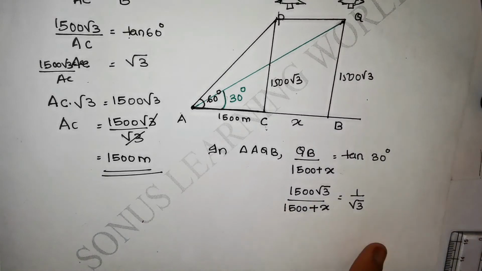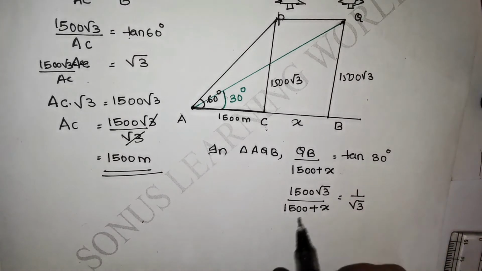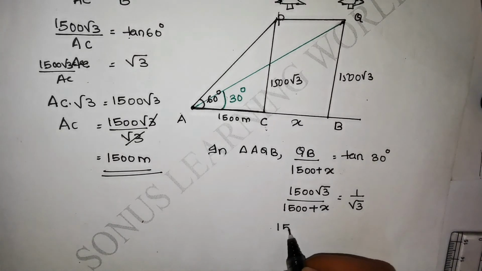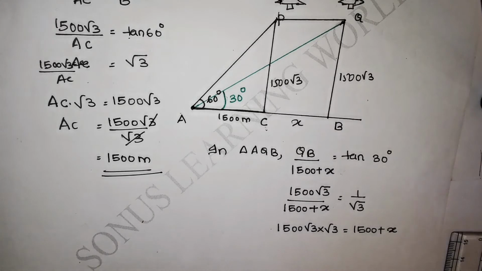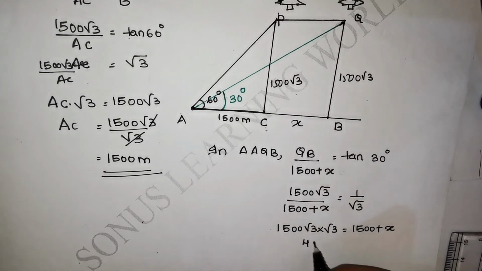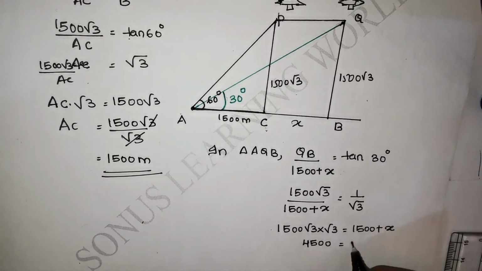I am going to cross multiply this: 1500 root 3 into root 3 is equal to 1500 plus x. What is 1500 root 3 into root 3? Root 3 into root 3 is 3. So 1500 into 3 is 4500. 4500 is equal to 1500 plus x.